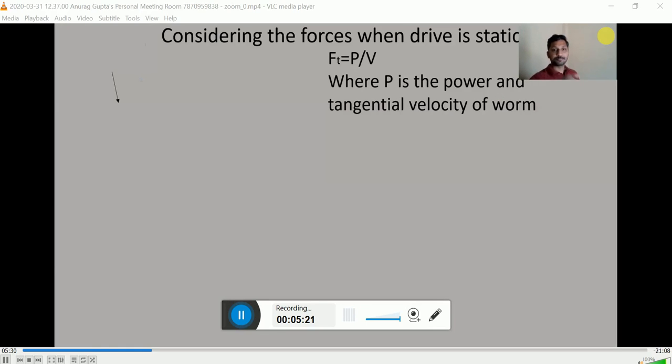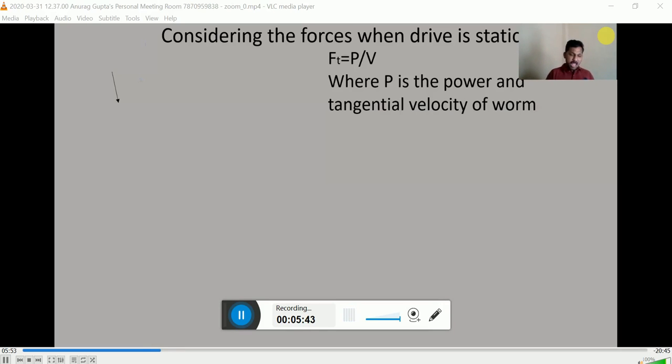Now, in general, we are considering that the worm gear drive is in static condition. That means it is about to move, but has not started rotating. Why are we considering this?